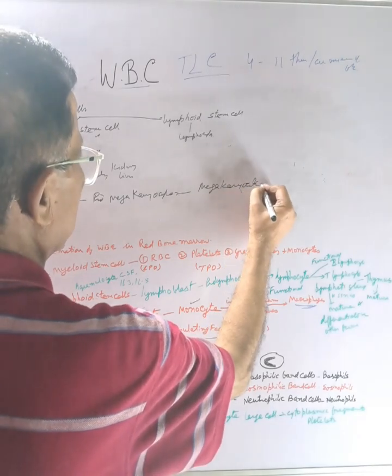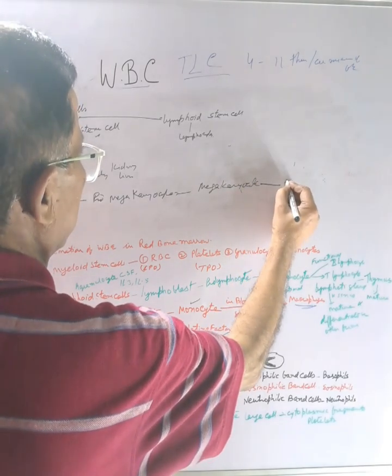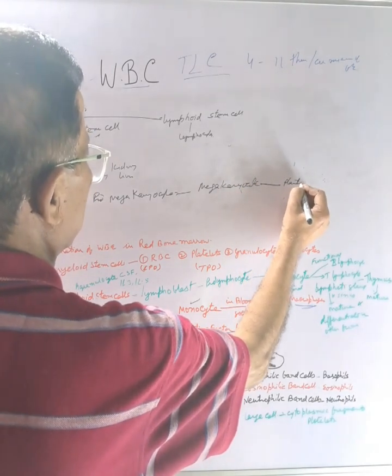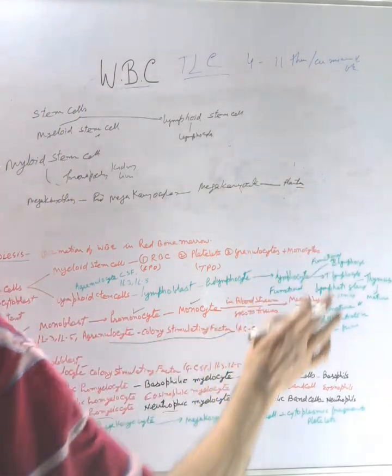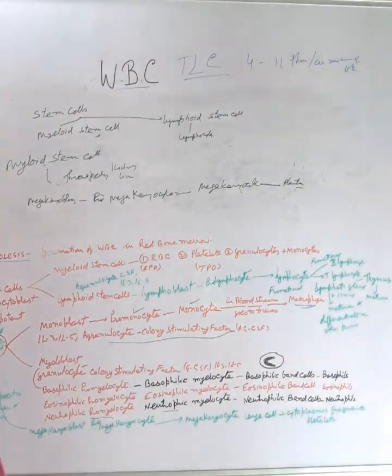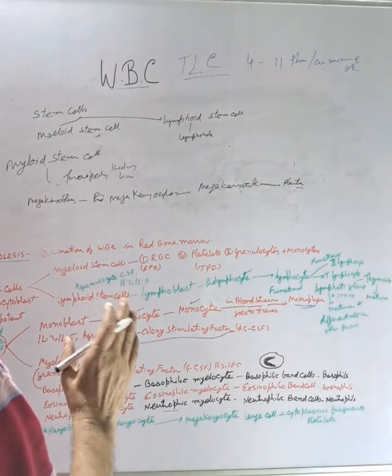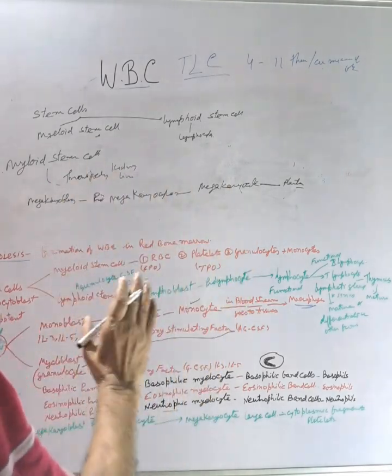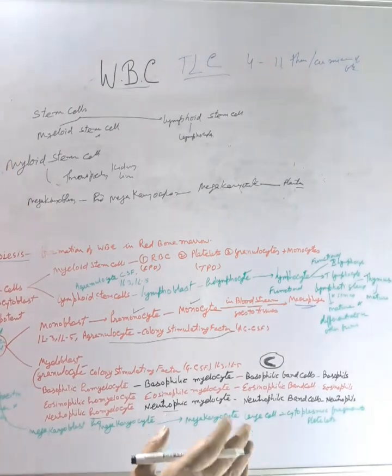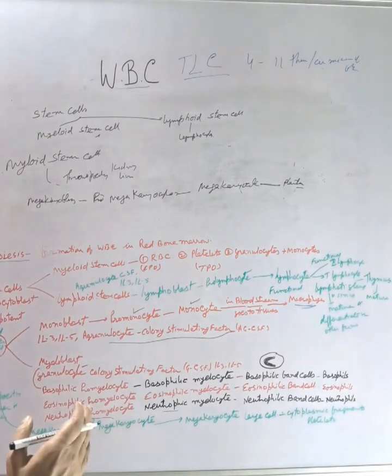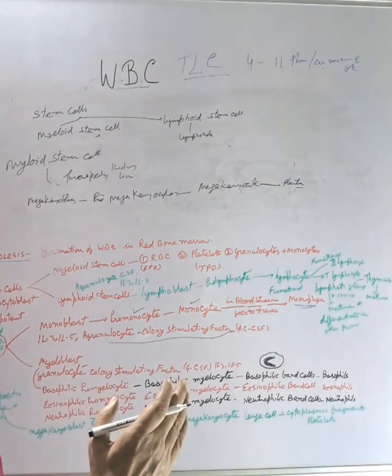Megakaryocyte is a very large cell and it fragments, and its cytoplasmic fragments will form platelets. Platelets are without nucleus. This is about development of WBC and platelets.